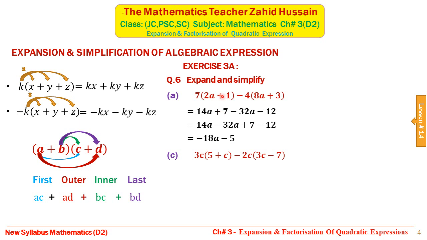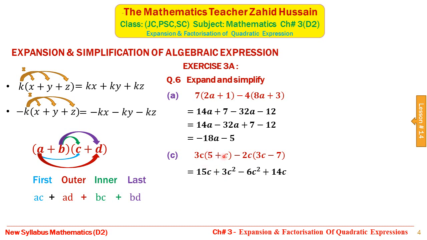B part is again of the same type, but there is a letter also outside the bracket. We will multiply 3c with 5 and 3c with c, minus 2c with 3c, and minus 2c with minus 7. So we will get 3c multiplied by 5, 15c; 3c multiplied by c, 3c square, because in the last lesson we have studied that we multiply number with number and letter with letter.